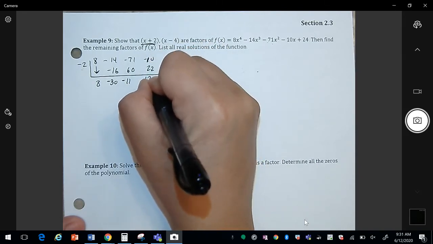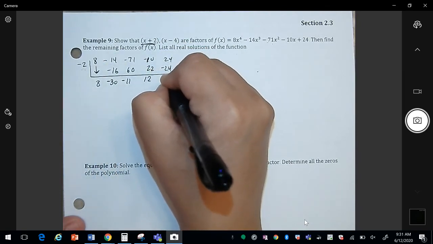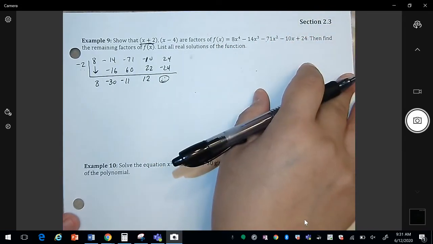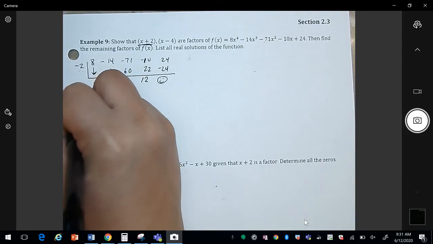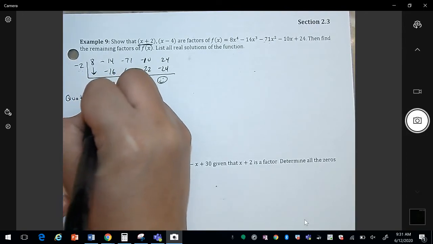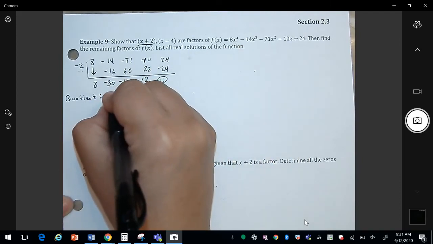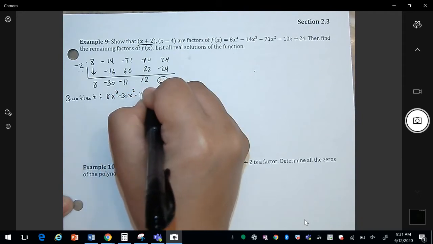So we get 12, times negative 2 is negative 24, and we get 0. So that's great. So after we do the synthetic division, we want to know what the quotient is. So remember, it's 1 less power, so this was x to the 4th. So now we have 8x cubed minus 30x squared minus 11x plus 12.